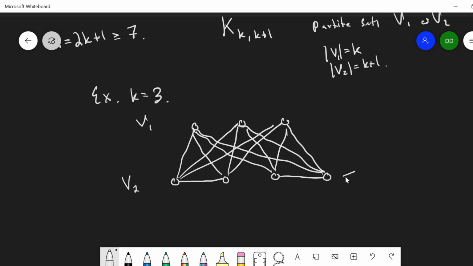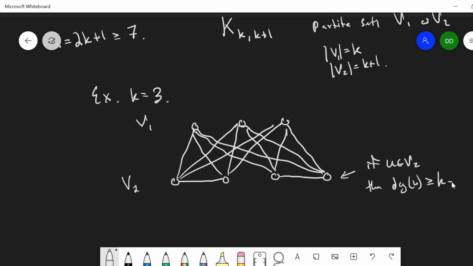Yeah, the degree of every vertex in V2, let me say it like this. If U is in V2, then the degree of U is at least, in this case exactly, but when we have a path, some internal vertices of the path will be adjacent to these K, and then one more for the path or the K2.